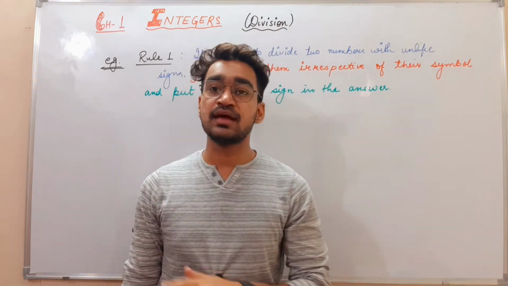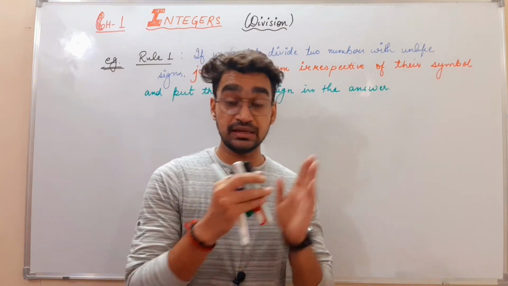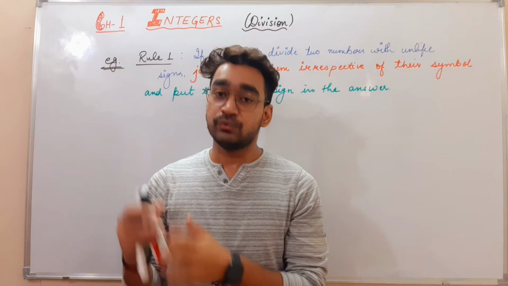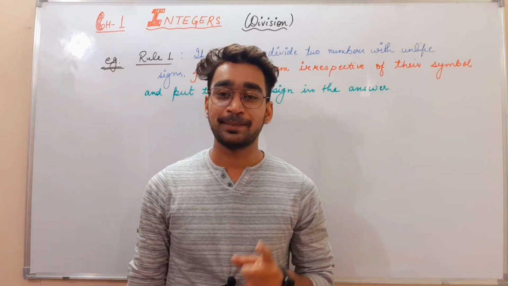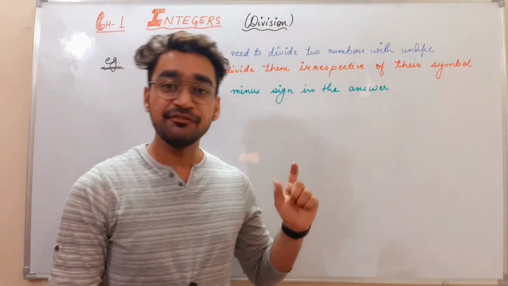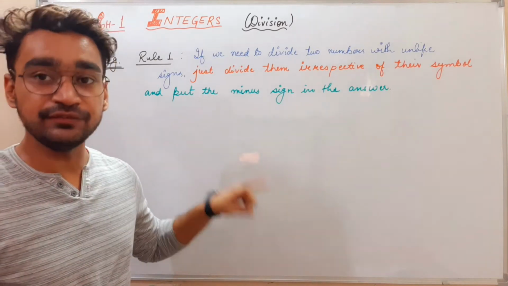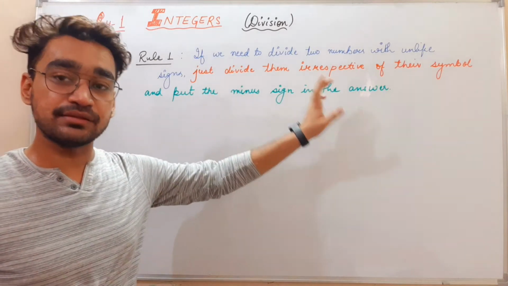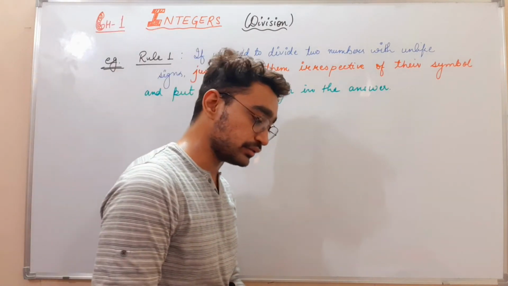The same thing is that if you need to divide two numbers which are having the same symbol, both are negative or both are positive, you can divide them normally and the answer will also be the positive one. But if any one of the number is negative and the other is positive, then divide them normally as you are doing irrespective of their symbol and put the minus sign in the answer.